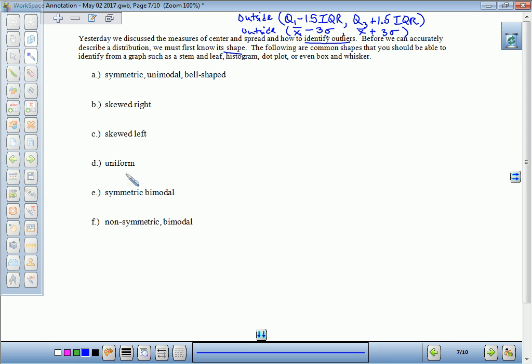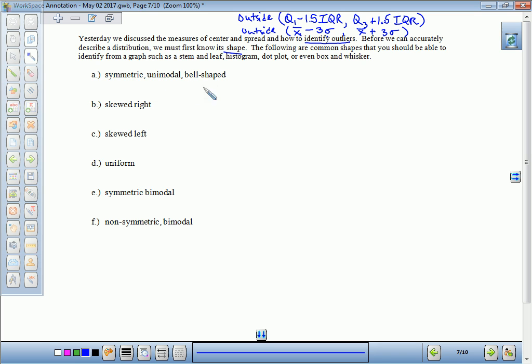So we have some common shapes that I'm going to want you to be able to describe if I give you a data set. The first one: symmetric, unimodal, bell-shaped. All right, what does the prefix uni mean? One. And what do you think modal is talking about? Mode.